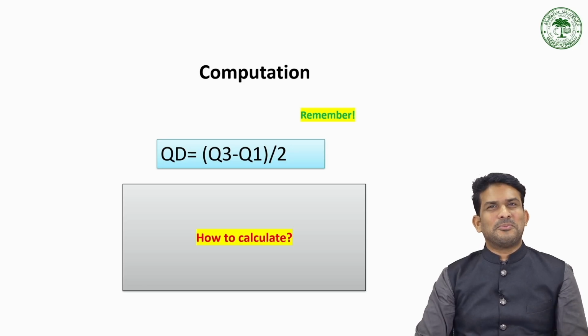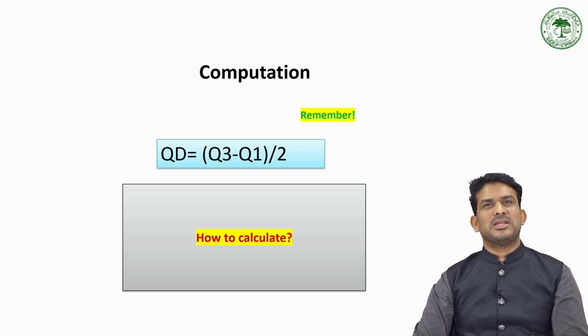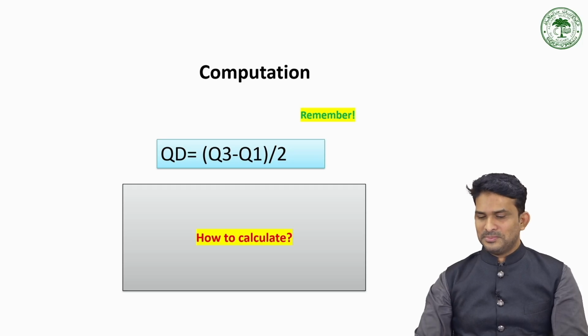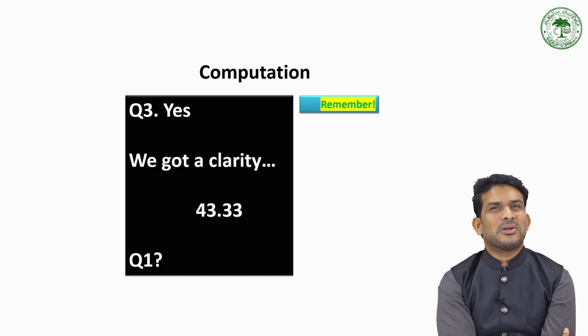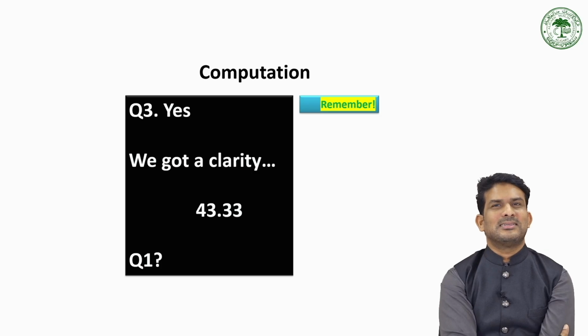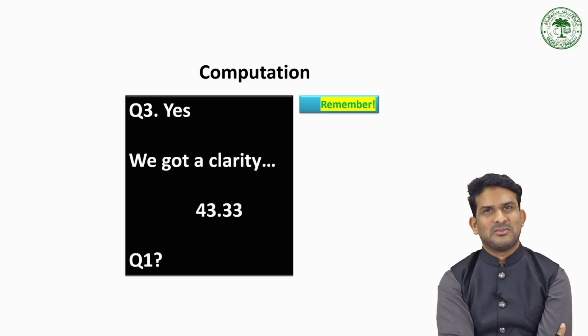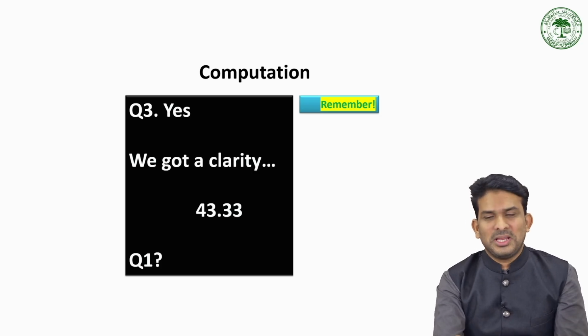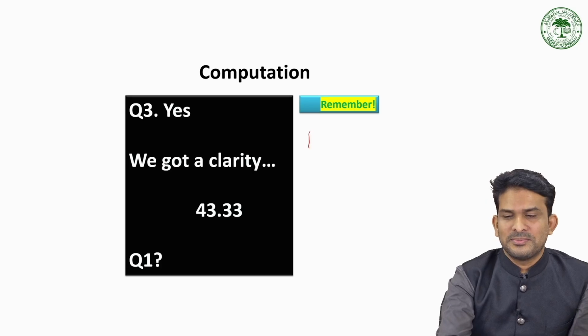Now we are in the process of further calculation of quartile deviation. I already told you, when you have clarity regarding median and Q3 calculation, definitely it will be easier for you to calculate Q1. You got clarity regarding Q3. What was Q3? Let us remind.